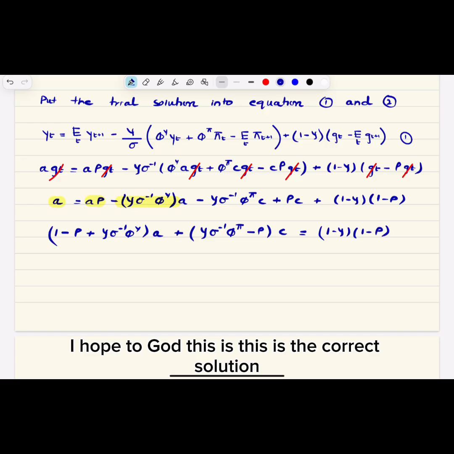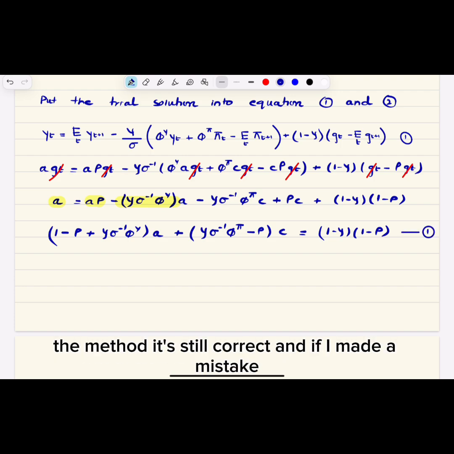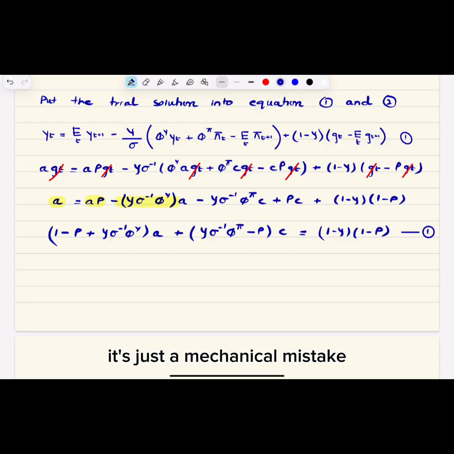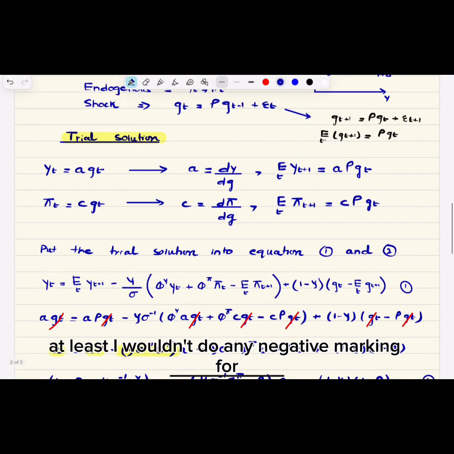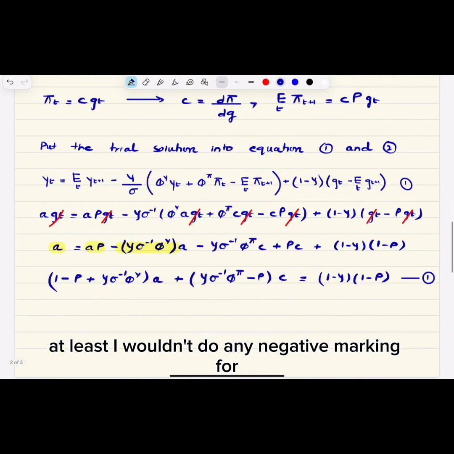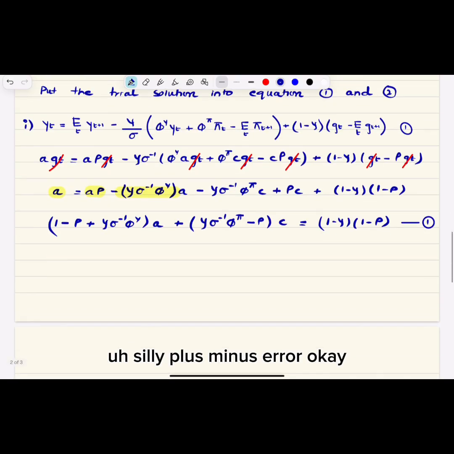I hope to God this is the correct solution, otherwise it's going to be really embarrassing. But even if it's not the right solution, the method is still correct. And if I made a mistake, it's just a mechanical mistake, not something that you could get penalized for. At least I wouldn't do any negative marking for a silly plus minus error.